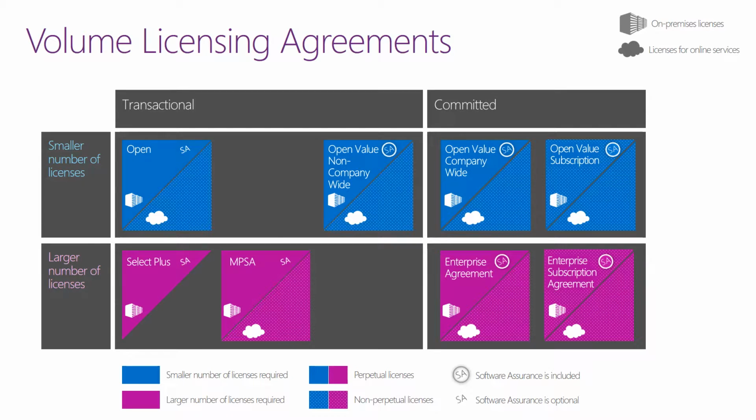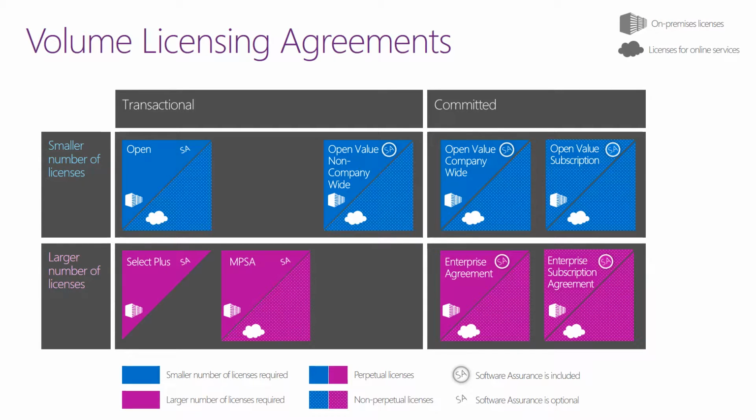They're on the bottom row, which means that they're aimed at organisations that want to buy a larger number of licenses. The minimums for the Enterprise Agreement changed on the 1st of July 2016 from 250 to 500 licenses, and so it's organisations that have 500 PCs or users that are likely to find an Enterprise Agreement useful.